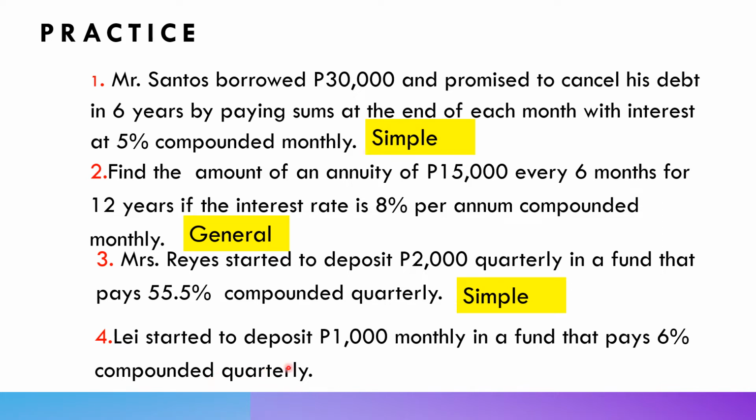Lay started to deposit 1,000 monthly in a fund that pays 6% compounded quarterly. So monthly ang payment and then the interest rate is compounded quarterly. Therefore, this is an example of general annuity. So I hope you distinguish the difference between the simple and the general annuity.